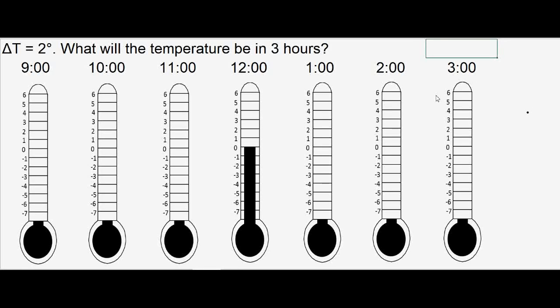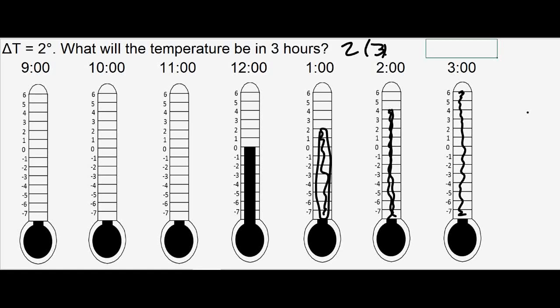So we go up 2 degrees. We go up 2 more degrees. And then we go up 2 more degrees. So 2 times 3 is 6.